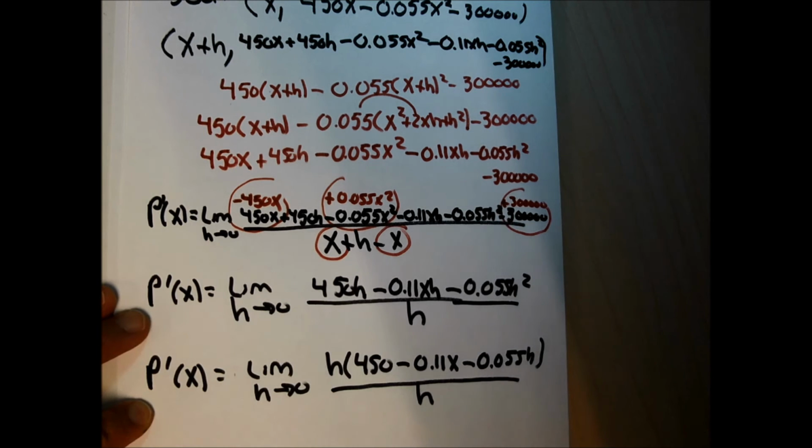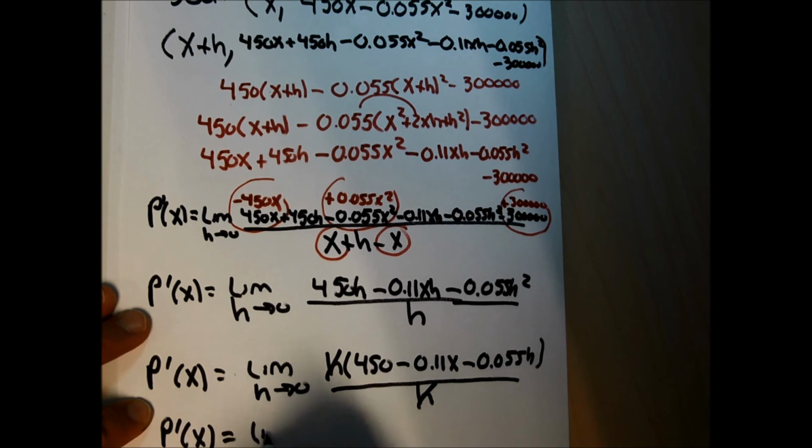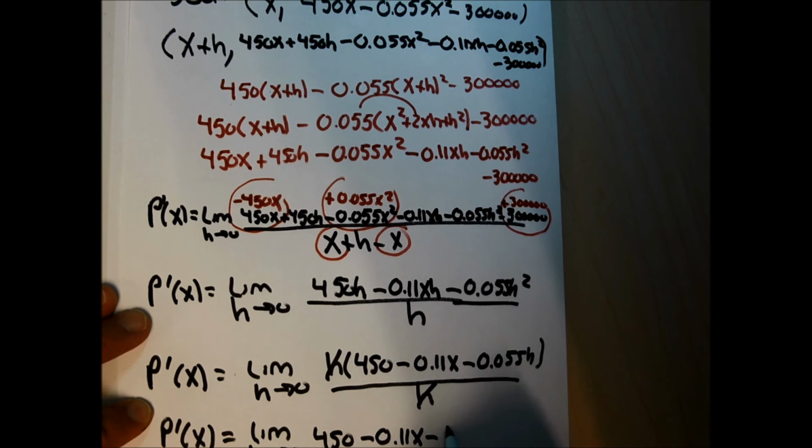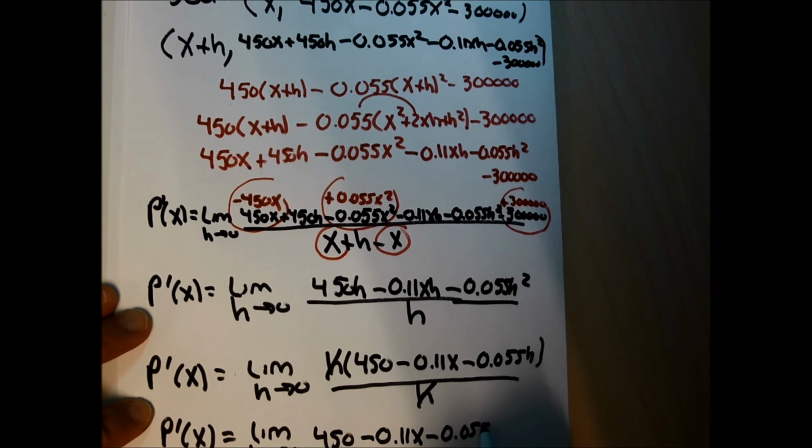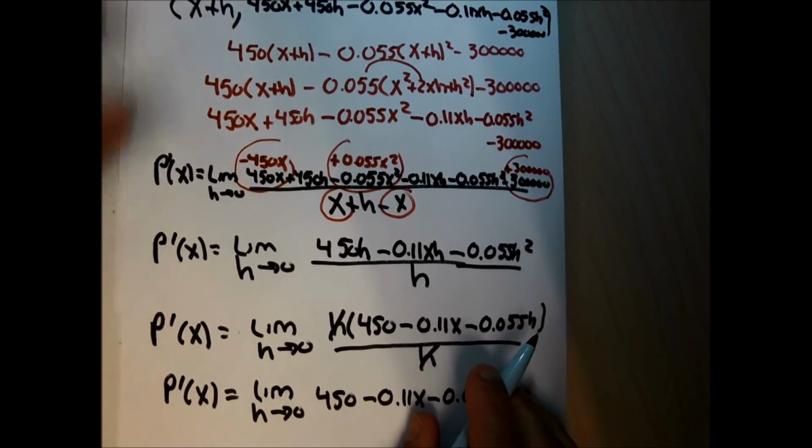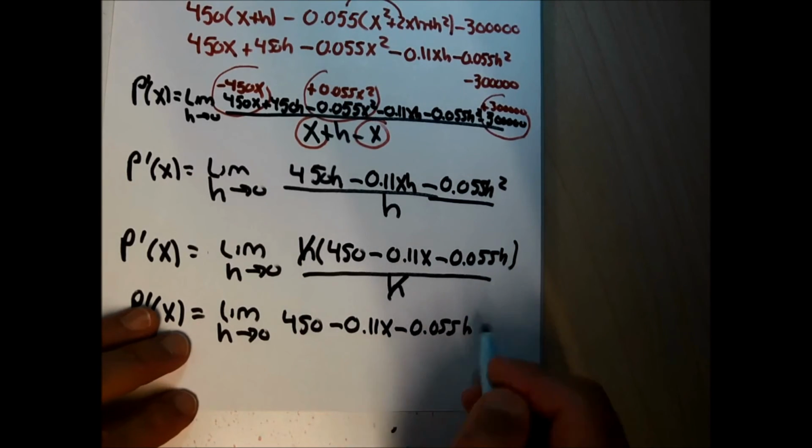Cancel the h. I'm left with the limit as h goes to 0 of 450 minus 0.11x minus 0.055h.